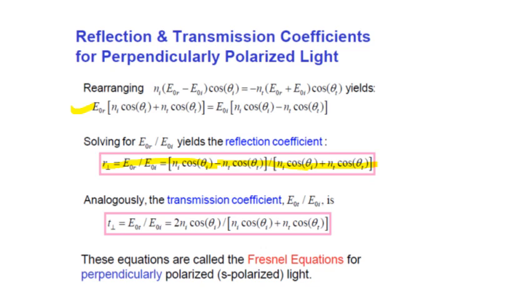Similarly, we can also obtain E0t upon E0i. It is called the transmission coefficient, how much is transmitted. Both can be observed. These equations are called Fresnel equations. In the exam, it may be asked, write down the Fresnel equations. This is for perpendicular polarized light.